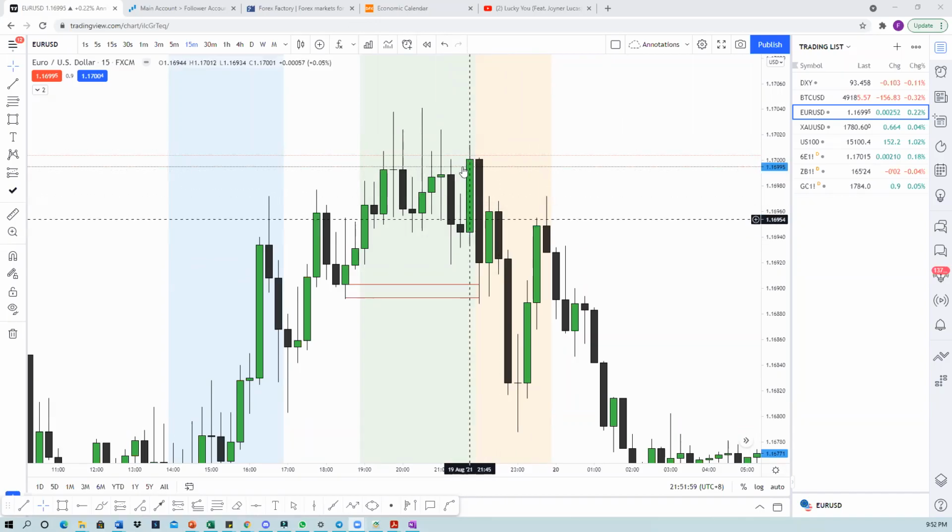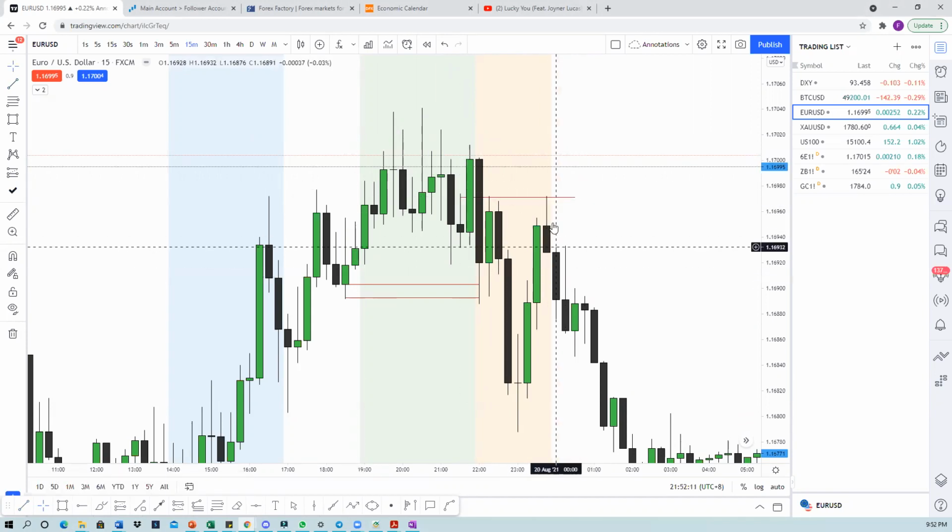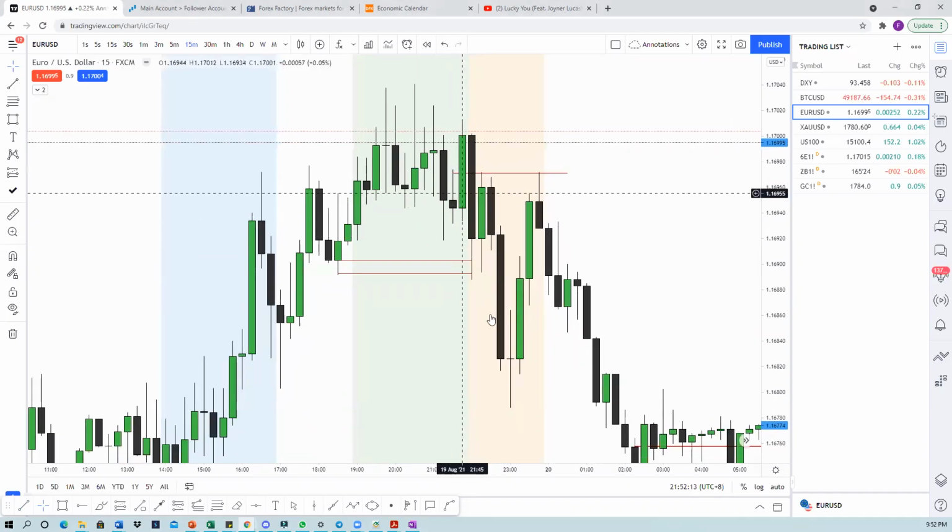So this is your bearish order block, and this is your midpoint somewhere here. Might not get it perfect, but let's say somewhere here, and there you go. That's your entry.